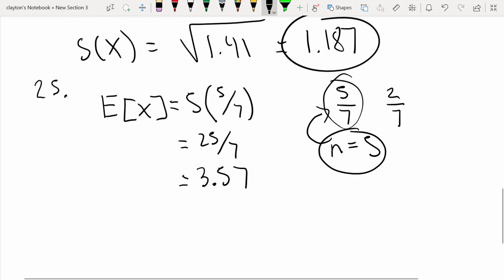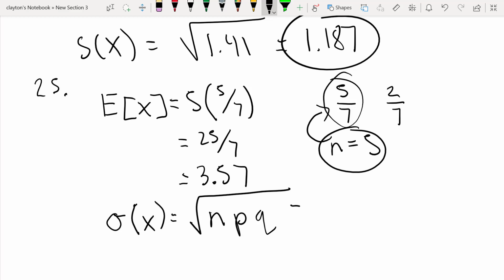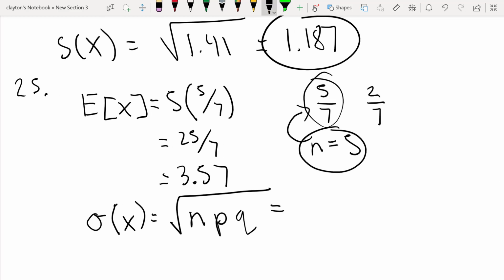Now, I think the issue was I looked at the answer key for this, and it says we're looking for standard deviation next. Well, for a binomial distribution, standard deviation of x should be the square root of n times p times q, which is going to be, let's see, square root of 5 times 5/7 times 2/7.